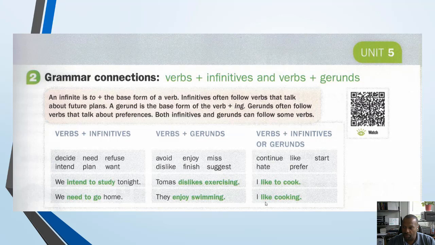So now we show the preference I like, and then cooking is cook plus ing, our gerund. All right, so two ways to write this. I like to cook. I like cooking. One way is an infinitive. I like to cook. The other way is the gerund. I like cooking.